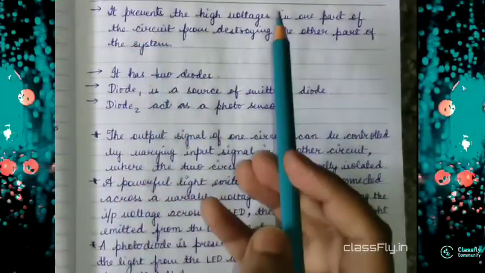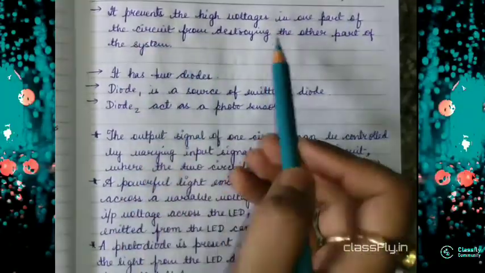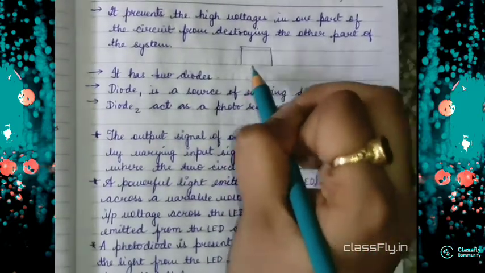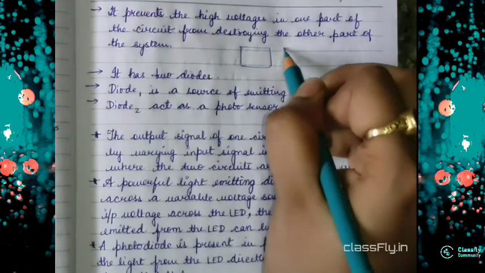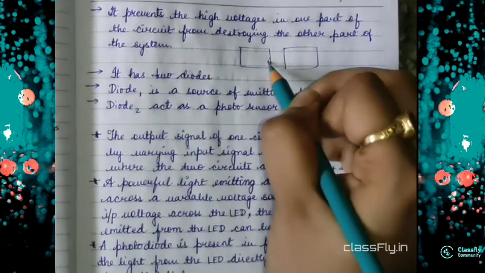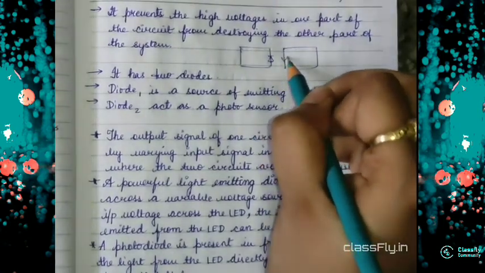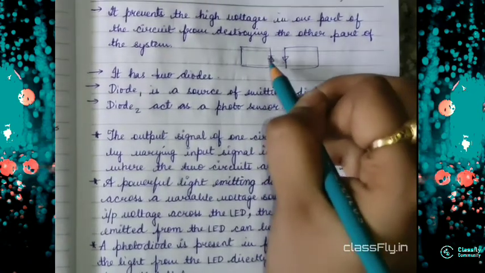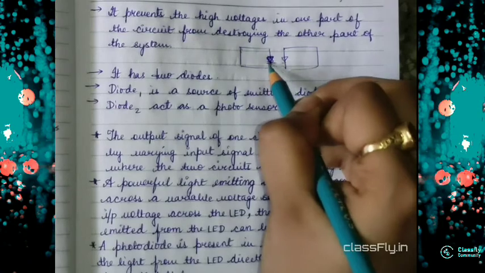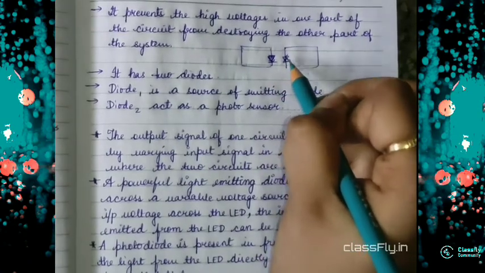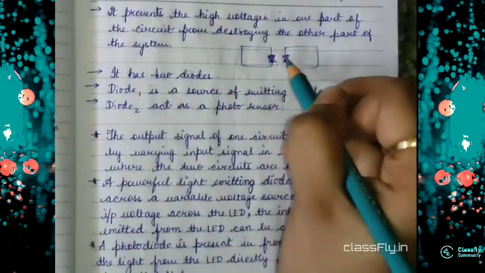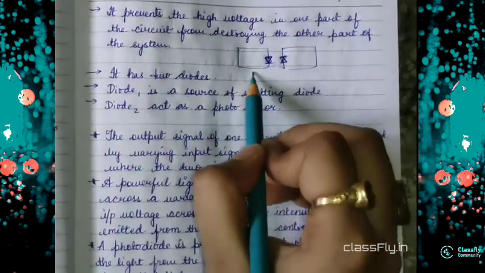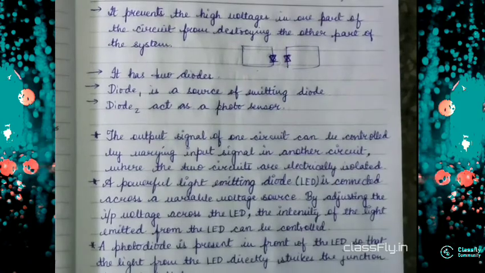See, it prevents the high voltage in one part of the circuit from destroying the other part. This was the circuit. I am making a block diagram here, not the full circuit. This was the junction. This is the forward bias, this is the reverse bias. So it will prevent the high voltage so the other part doesn't get destroyed.